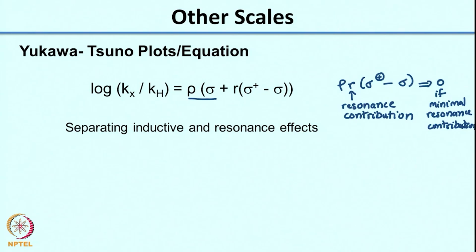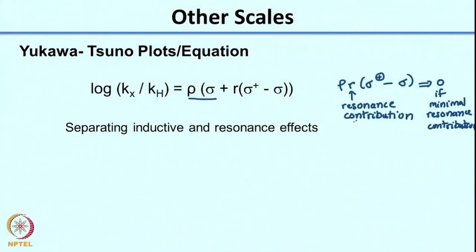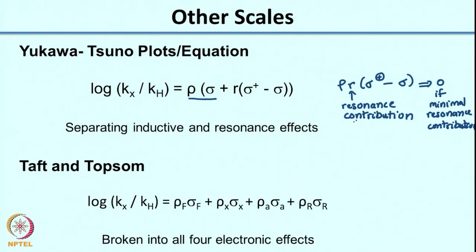So this again is completely logical, where you say that if the resonance contribution is minimal, essentially the Yukawa-Tsuno equation is your Hammett equation. But if there is a significant resonance contribution, the resonance R value would be high, and then the second term would have a considerable value. People have also used other equations.